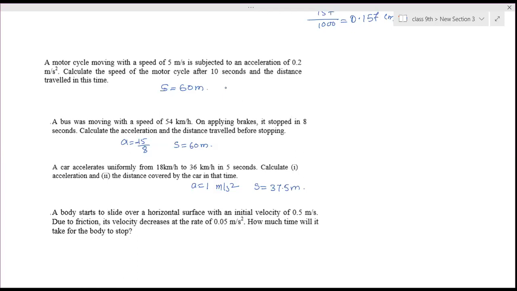Ma'am, is the last question's answer 10 seconds? Time is needed. Wait, 1 second. Yes, right. Ma'am, is the last answer 10 seconds? Yes, right. 10 seconds is the last answer.